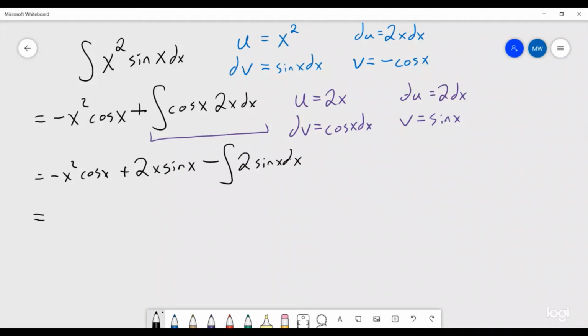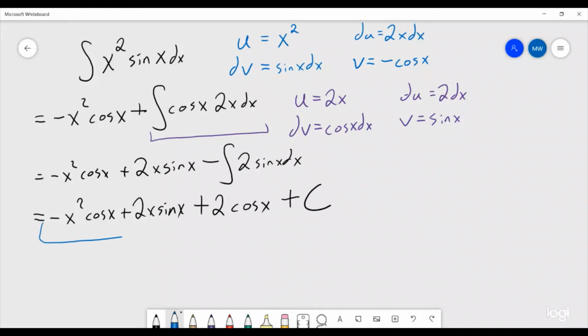And that is something we can compute directly. We know the integral of sine is negative cosine, so this gives us negative x squared cosine x plus 2x sine x minus 2 times negative cosine of x plus c.